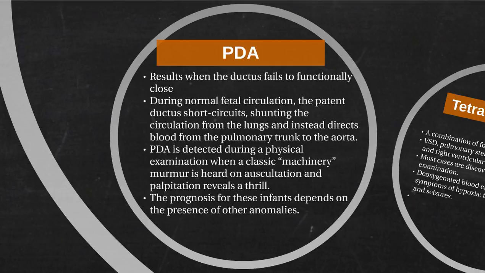The PDA is detected during a physical examination when a classic machinery murmur is heard on auscultation, and palpation will reveal a thrill. The prognosis for these infants depends on the presence of other anomalies. Sometimes they will treat this with medication. Other times they do a surgical intervention to close up that duct. So it just kind of depends on the severity for the babies, but overall prognosis isn't too terrible for them.